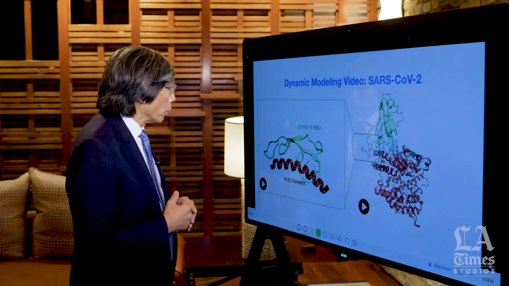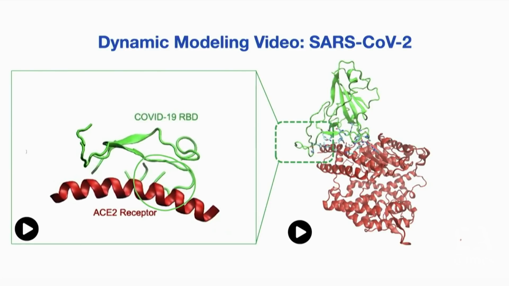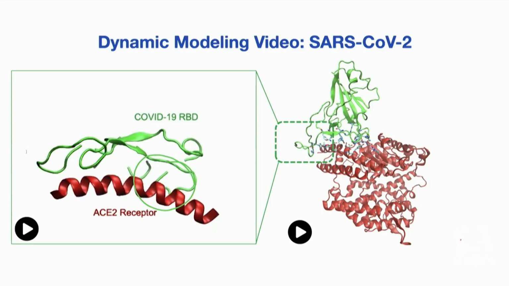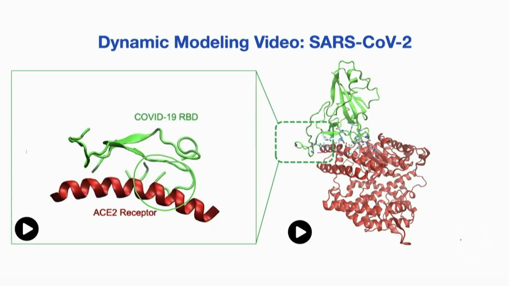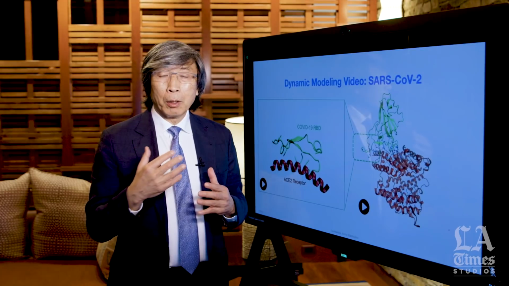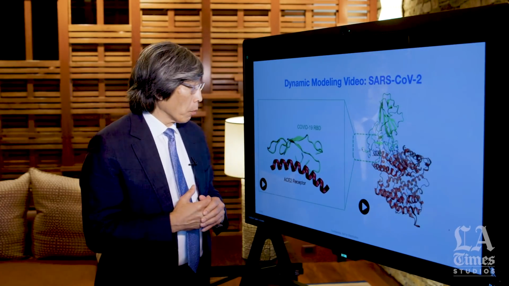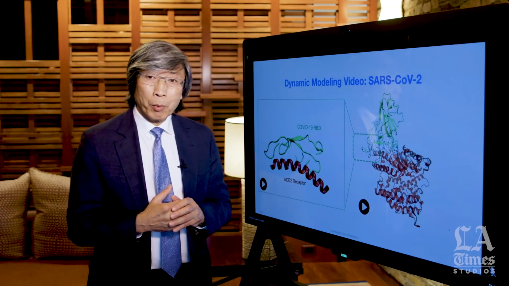If you play this video, you will see how the toe actually is repelled. As you could see from this video, the toe completely flops and moves and disconnects, and there's very little contact between the toe of the virus and the receptor of a human cell.